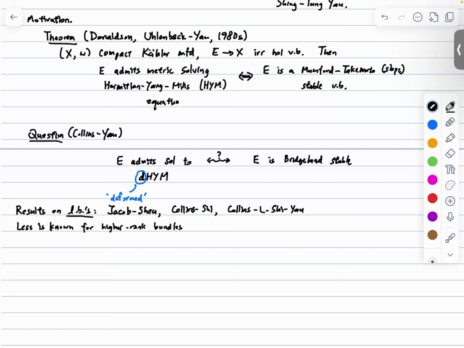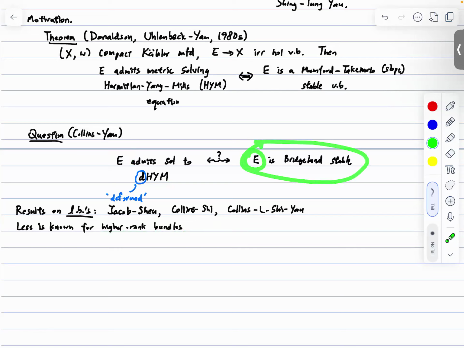So my understanding is that one difficulty for higher rank bundles is that it may not be as easy to define the deformed Hermitian-Yang-Mills equation when E is a bundle of higher rank. Yeah, but for us algebraic geometers, the question is very concrete.